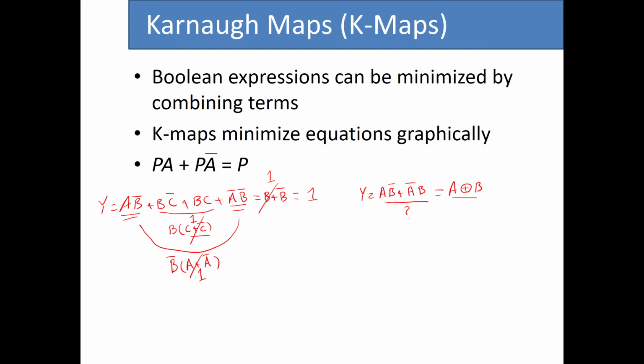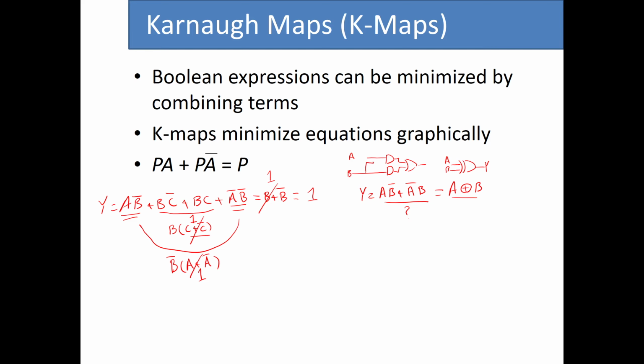Of course, if we have access to an XOR gate, this one can be implemented like this, right? A, B, and then Y. While for this one, we need to have 2 AND gates and 1 OR gate, and also we need to have 2 NOT gates as well. So if we have, let's say, A here, and then let's just say we have B here.